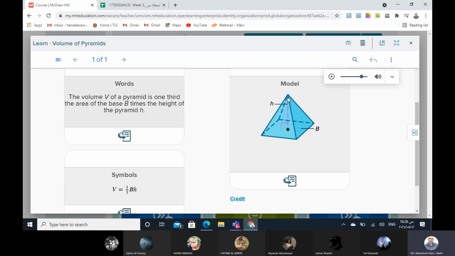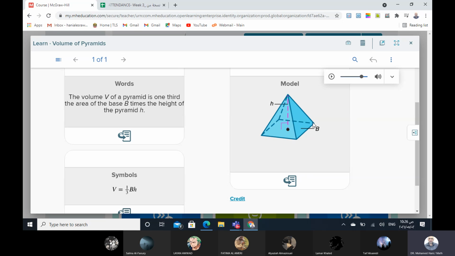And as you see here in the red line, we have the height, the distance between the center of the base and the vertex of the pyramid.